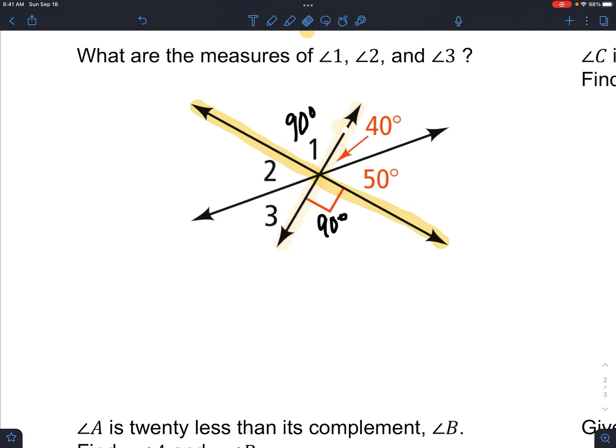Erase this one. Now you see that angle 2 goes with 50. And if I erase this one and visualize this, 3 is 40. That's it. If you call them opposite angles, that's okay, but it's vertical angles are congruent.